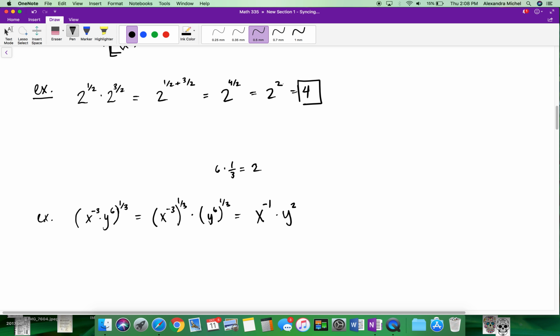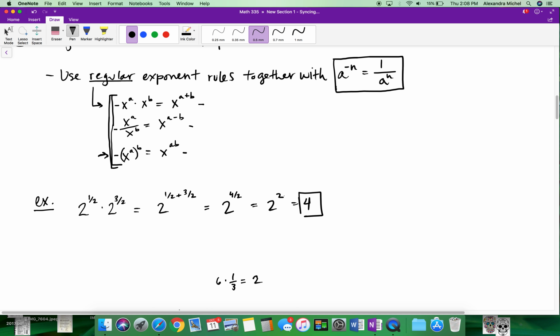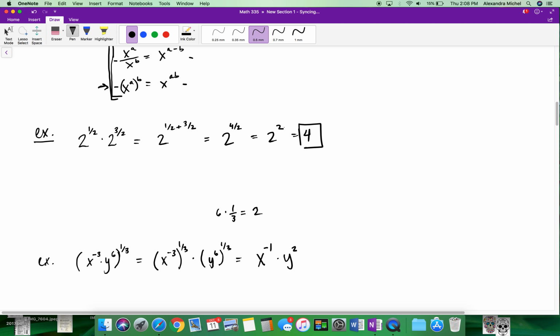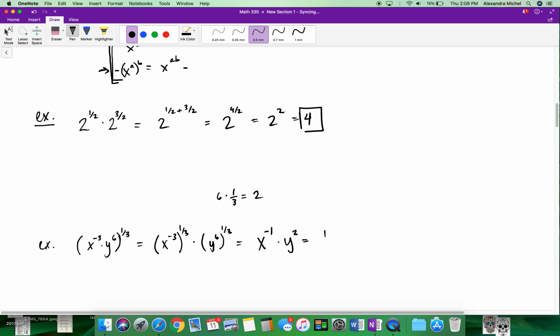And now x to the negative first power, if we use our a to the negative n rule, really means that we have 1 over x to the first times y squared. So this gives us y squared over x.